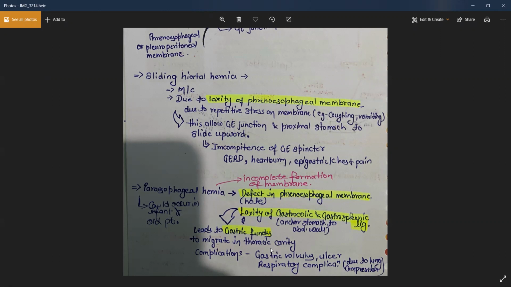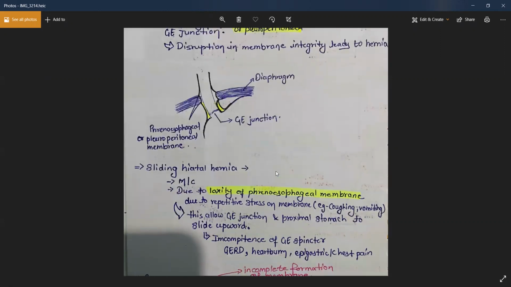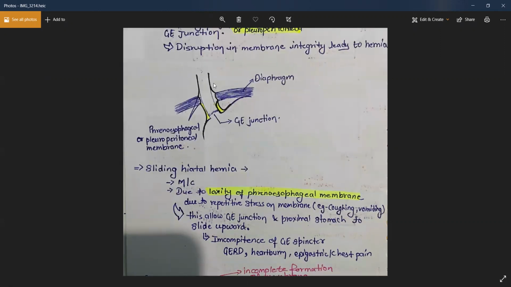So whenever you hear this kind of scenario where the patient is having intestinal sounds in the thorax or some kind of bubbles in the thorax, and respiratory distress, there must be a case of paraesophageal hernia. Now, this herniation can even compress the esophagus sometimes, and that can lead to dysphagia and vomiting.